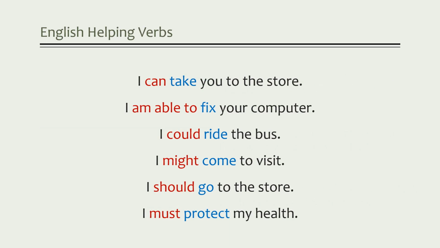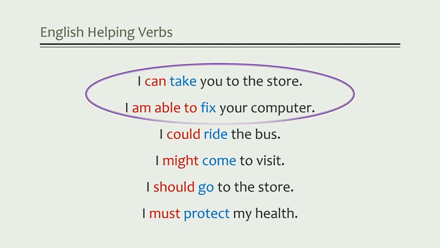In my previous lesson on the particle for must, I talked about these examples of helping verbs. These are verbs that are combined with other verbs to add meaning. And in the Myanmar language, they must always be added to other verbs. Now, in this lesson, I'm going to discuss these two particular helping verbs, can and to be able to.